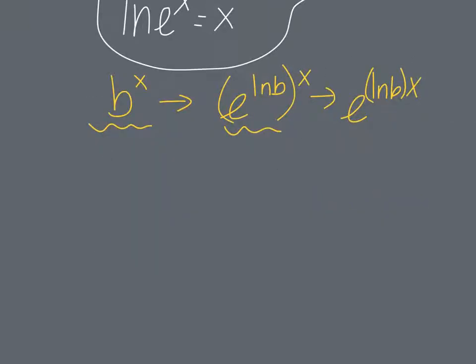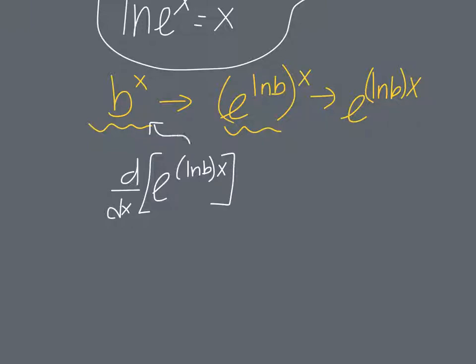Okay, so now I want to find the derivative of e to the natural log of b x, which remember is the same thing as b to the x. But I know how to deal with e to the x, since the derivative of e to the x is e to the x.